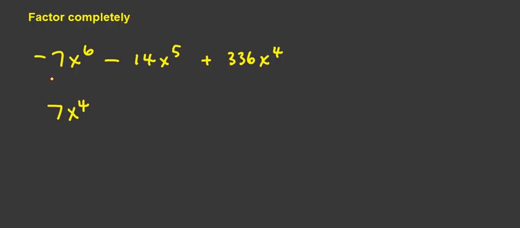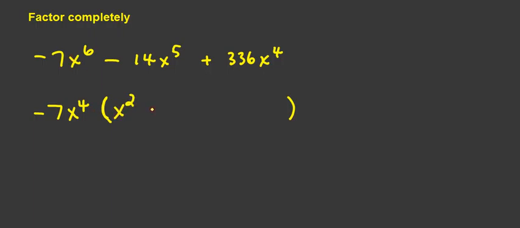Now I'm also going to factor out a negative because I'd like the leading coefficient inside the parentheses to be positive. I can accomplish that by factoring out a negative along with the GCF. So we take a negative 7x to the 4th and factor it out of the first term. Think of it as dividing negative 7x to the 4th into this, and that leaves us with positive x squared.